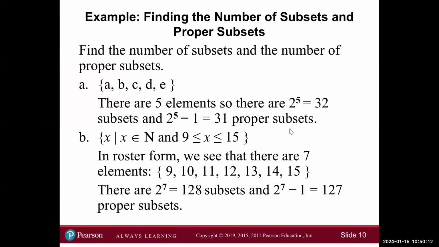Now finding the number of subsets and proper subsets.